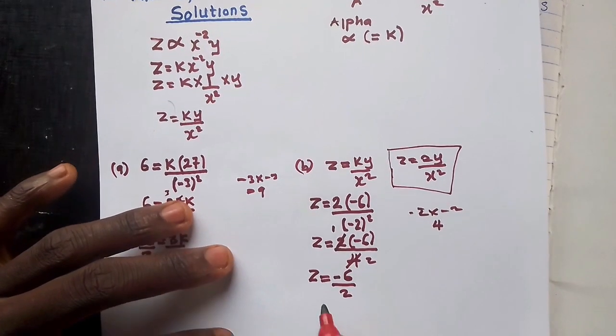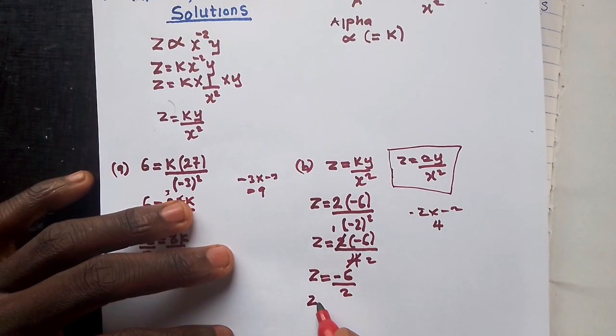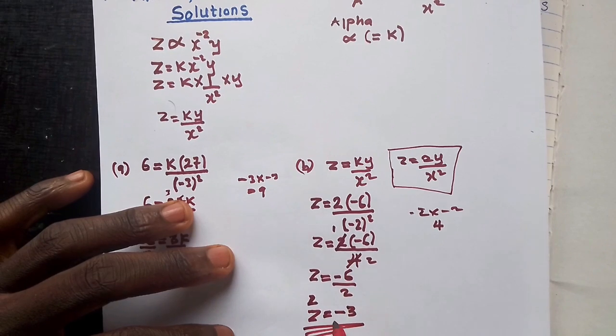So z is equal to 2 into negative 6, and my answer is going to be negative 3.